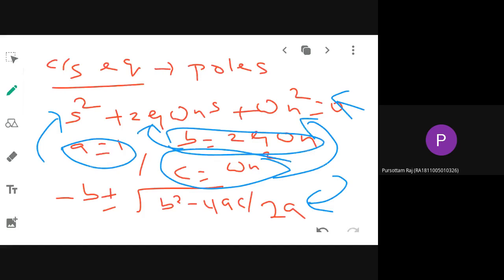Shubham Sahu will tell me the answer now in 1 minute. Shubham Sahu is present? Yes, ma'am. Tell me, what is the answer? Ma'am, I wasn't able to answer. You are not able to understand? Ma'am, not getting clearly. What are you not getting clearly?